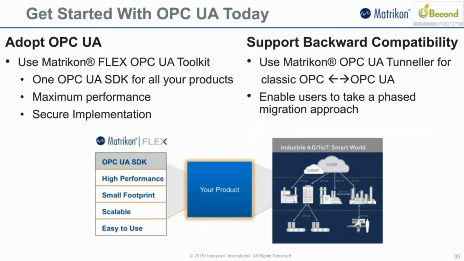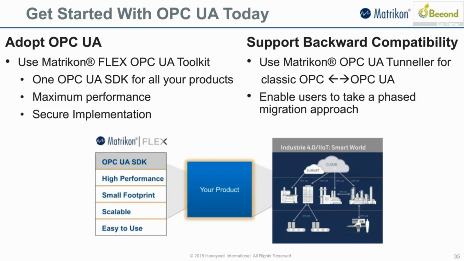Certainly a part of it is a tool set. An SDK is going to be required. Matrikon has a very attractive SDK. It is very high performing. It also runs on any scale, embedded on very small devices. It can run bare metal, so it doesn't even require an OS. And as mentioned before, they have the tunneler.